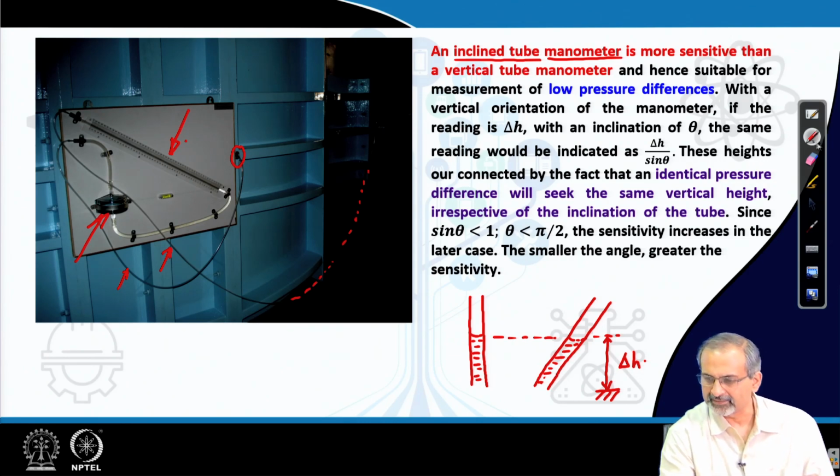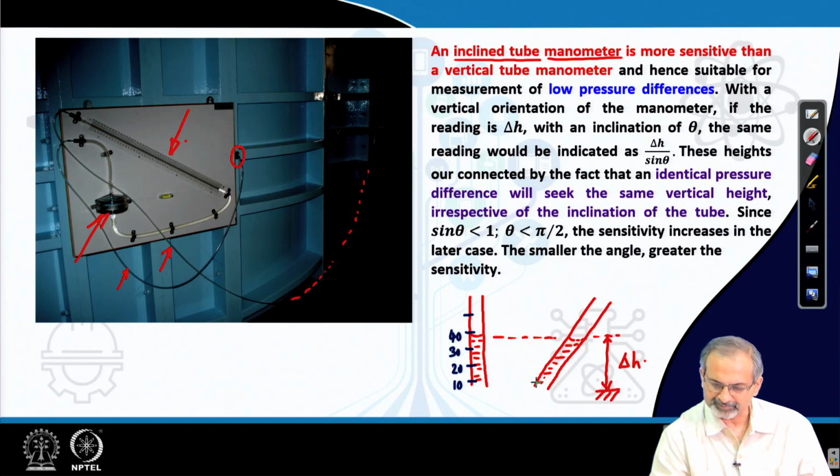But the markings that you have on the scale go like this. Let us say this is 10, 20, 30, 40. So, if this is 40 from the datum, the same markings might give you something more, between 40 to 50 from the datum, in the inclined case.